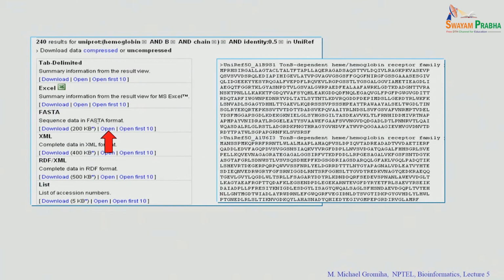If you give the FASTA format, this is the result. As we discussed earlier, the FASTA format starts with the greater than symbol, and this is the name followed by the sequence. You can see from here to here this amino acid sequence, sequence number 1, and here again the greater than symbol starts, this is sequence 2, and this is the sequence.